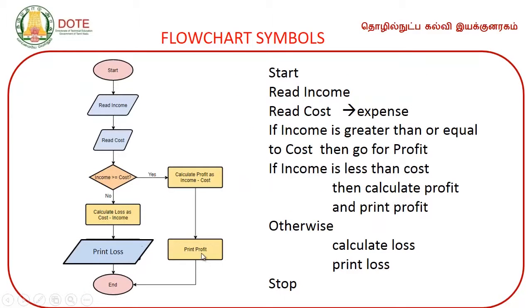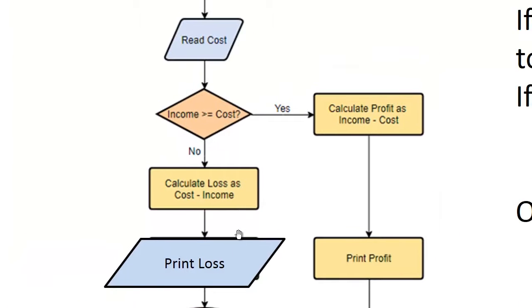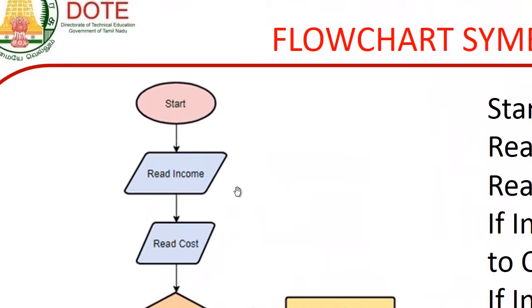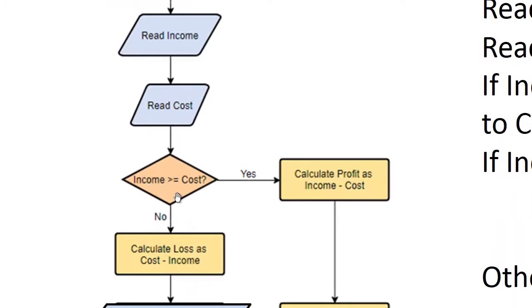This is another example. Here we read income and cost, that is expense. Now, start with the problem, read the data income and the expense or cost. Here this diamond symbol represents a decision, which is called a condition.